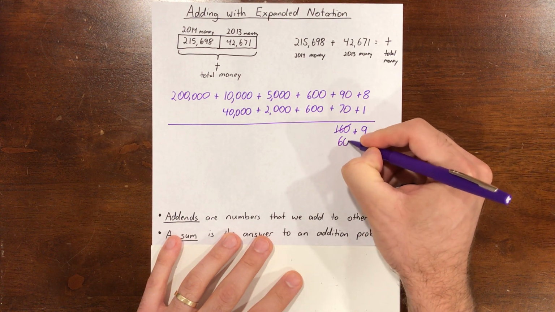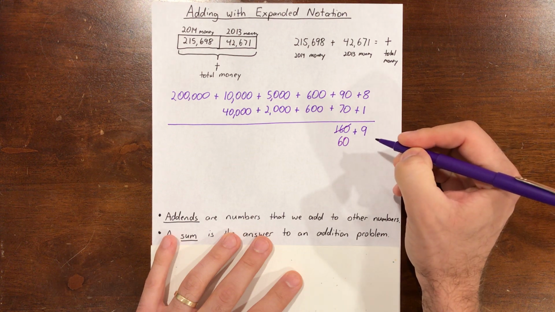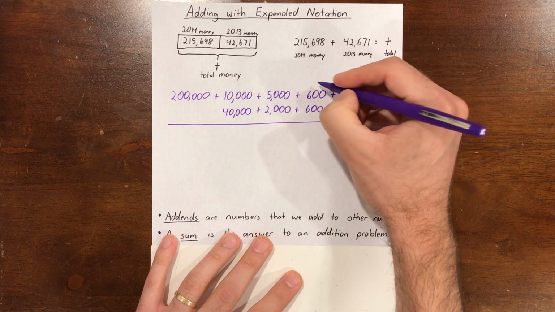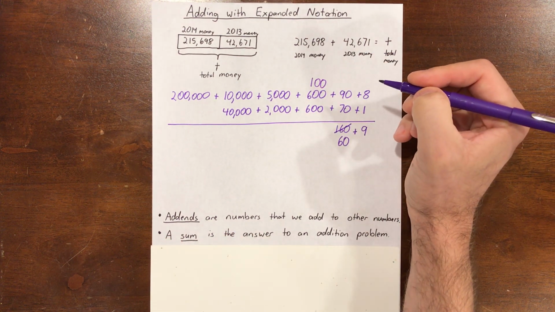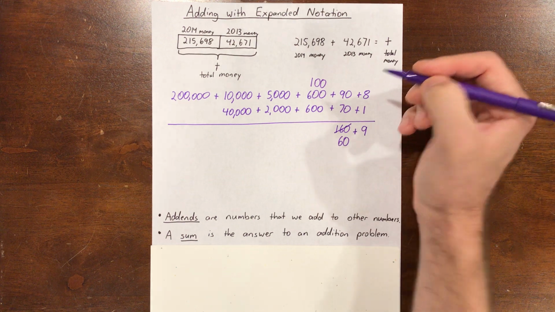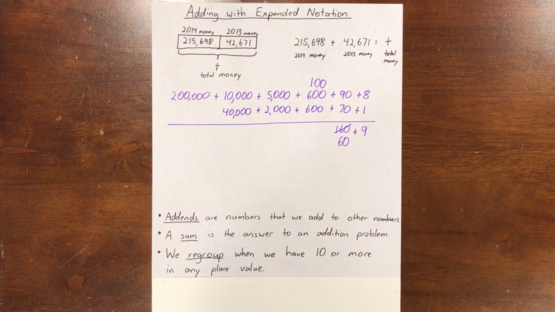I'll keep 6 tens or 60 in the tens place, and I'll regroup 10 tens or 100 to the hundreds place. Perfect. Go ahead and read this with me. Go. We regroup when we have 10 or more in any place value.